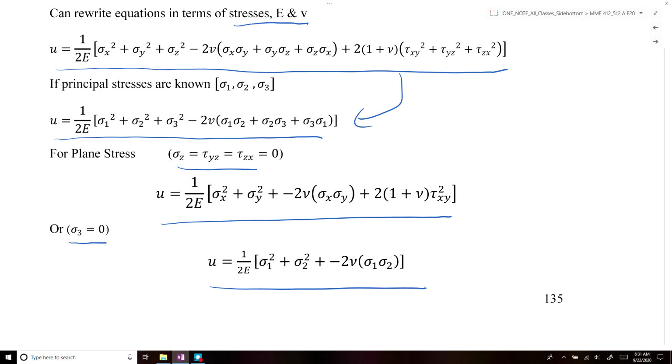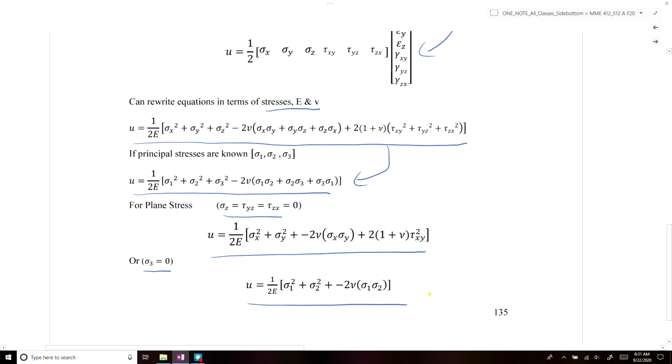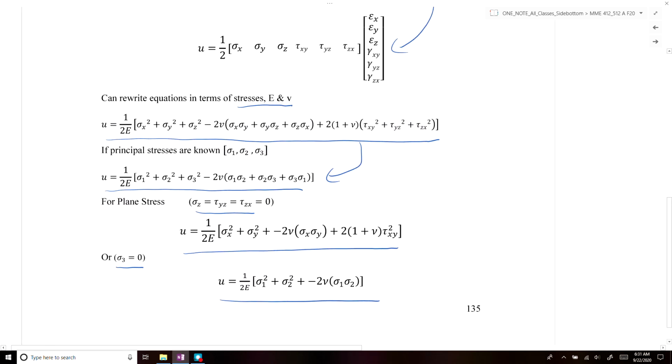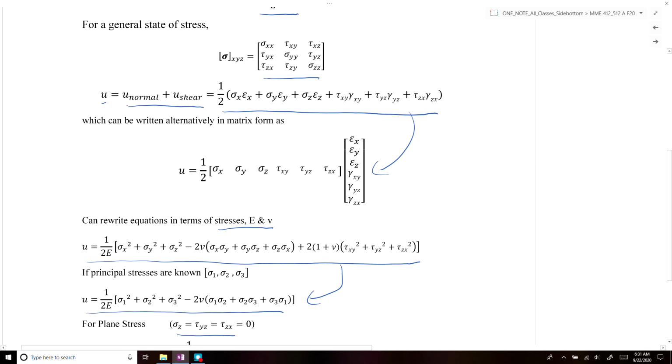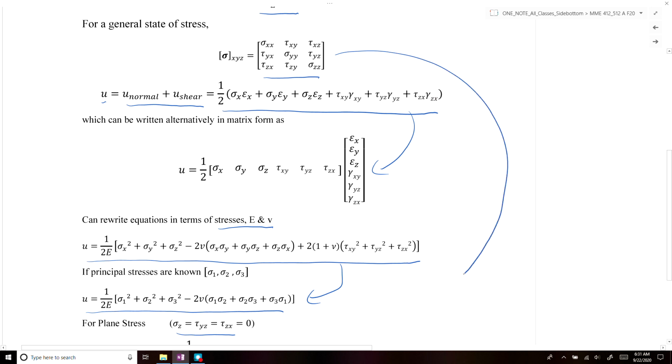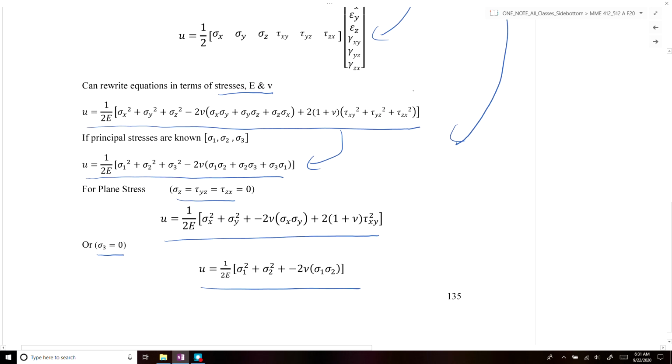So using these equations on the bottom, for any state of stress that you're given, you can calculate the total strain energy within a stress element for any given loading situation.